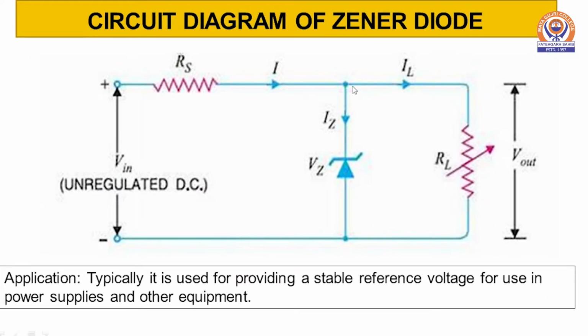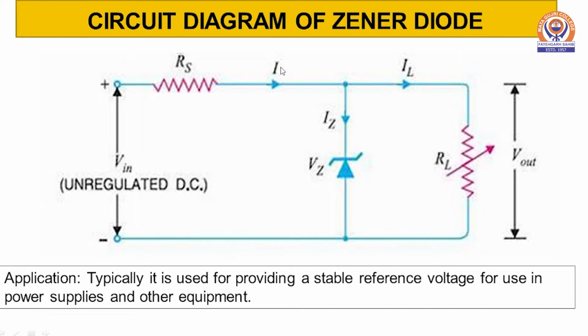So this is the circuit diagram for the Zener diode. The positive terminal of the diode is connected to the negative terminal of the unregulated DC voltage, and the negative terminal is connected to the positive terminal. So the Zener diode is reverse biased. RS represents the source resistance and RL is the load resistance.